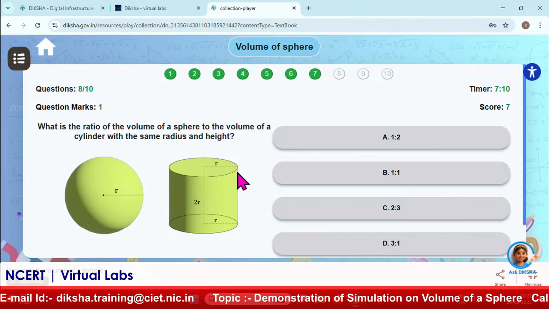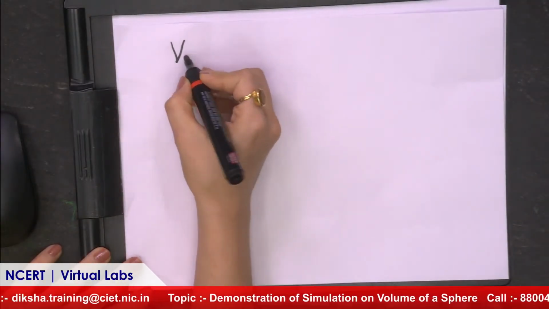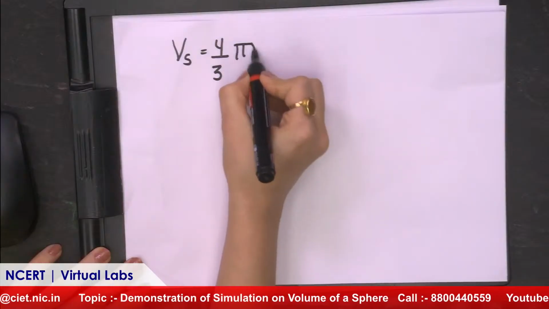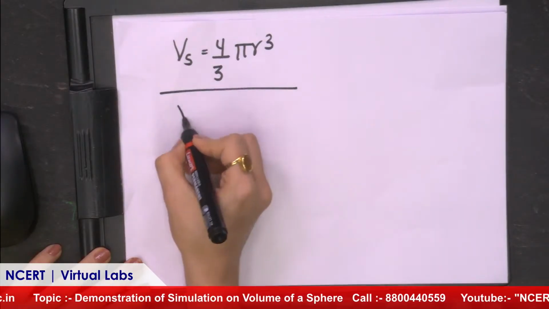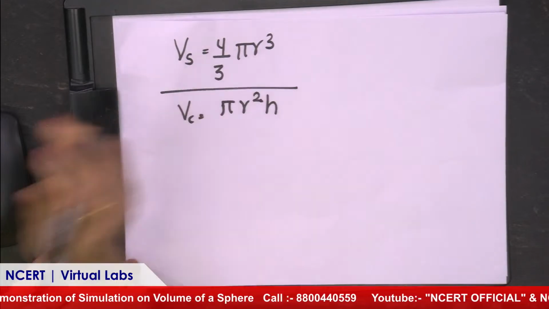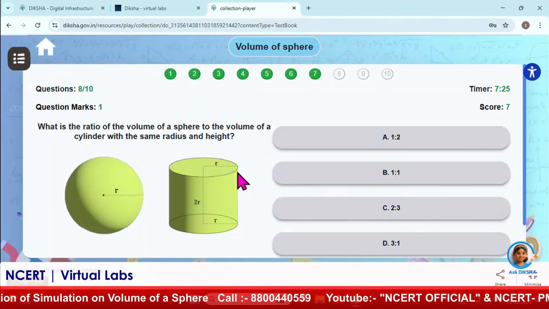First, I have the volume of the sphere, which is 4 by 3 pi r cube, and the volume of the cylinder, which is pi r square h. As we can see in the diagram, h is 2r.